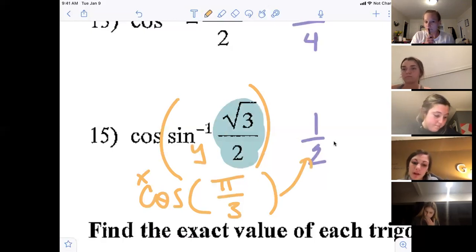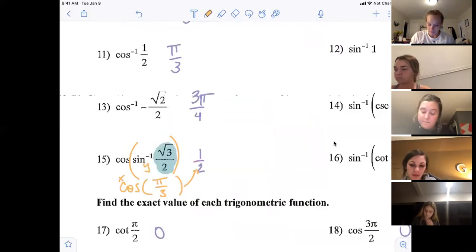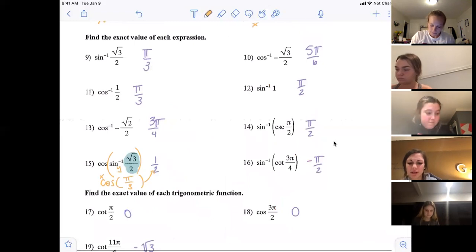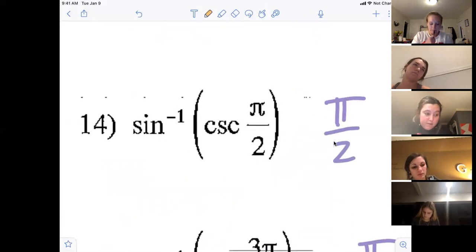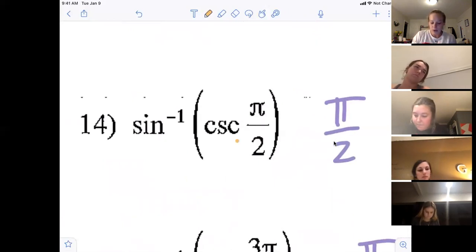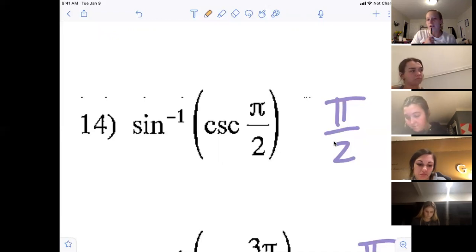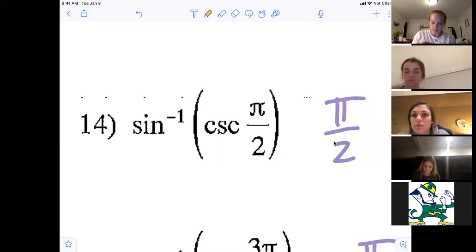Can you do one with cosecant or cotangent, like either 14 or 16? Let's do 14. So it says cosecant of pi over 2. So cosecant, does that go with my x or my y? Let me rephrase that. Does cosecant go with cosine or with sine? Sine. And then is sine x or y? Y, good.